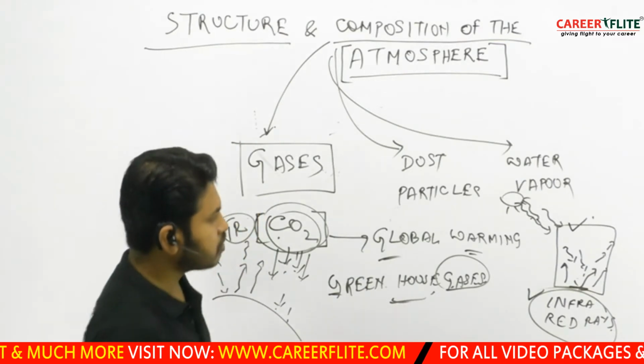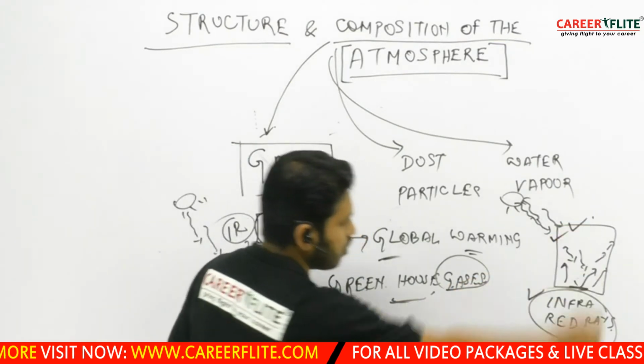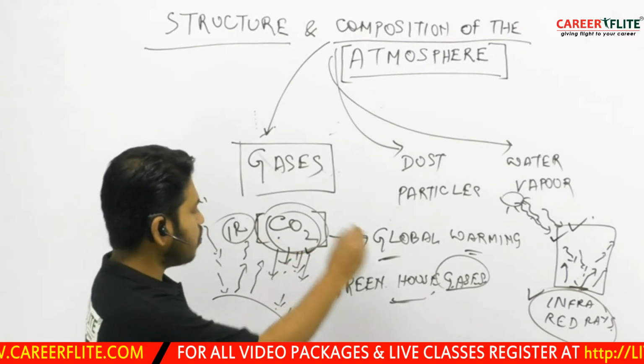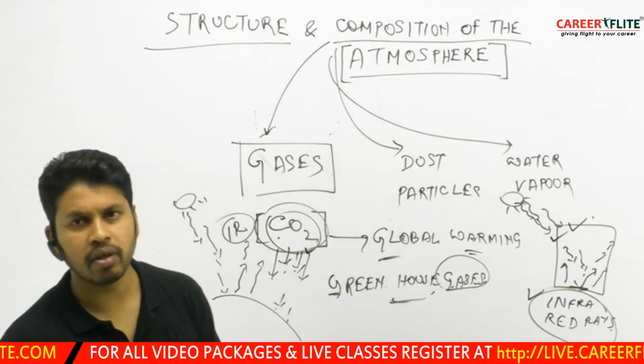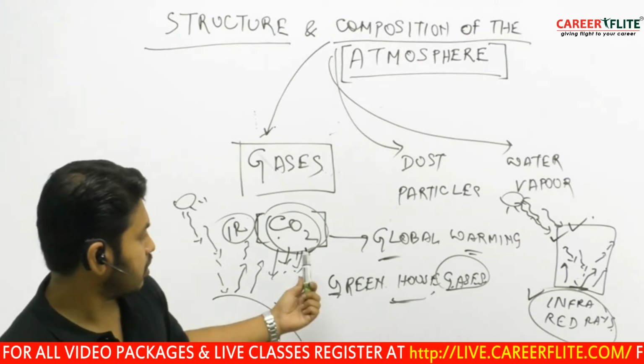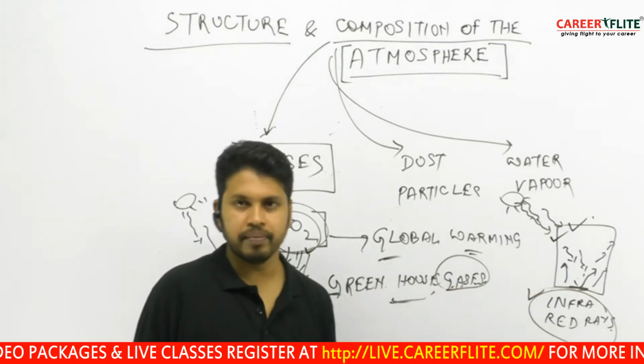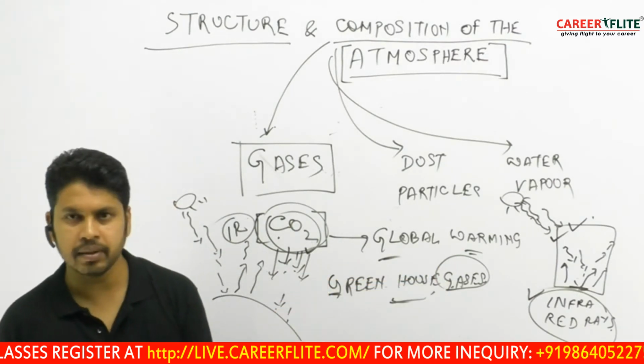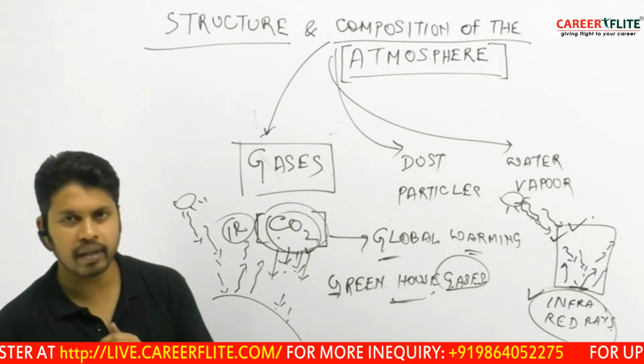The trapping of heat that was done by the glass chamber is done here by the greenhouse gases. We are comparing this phenomenon with the glass chamber: the job done by the glass is done here by the greenhouse gases. So this is known as the greenhouse effect.